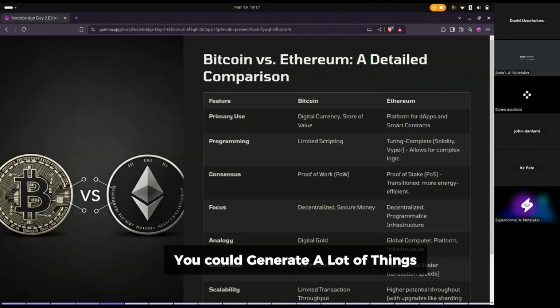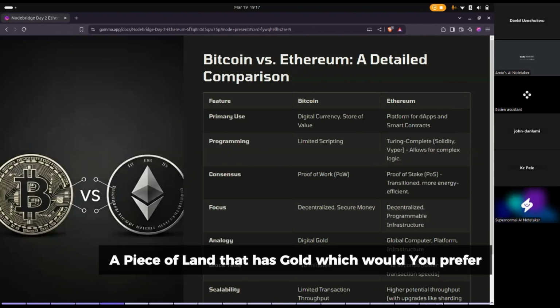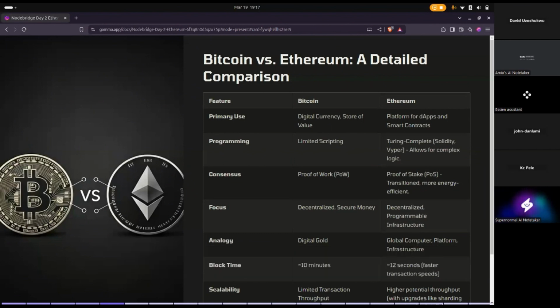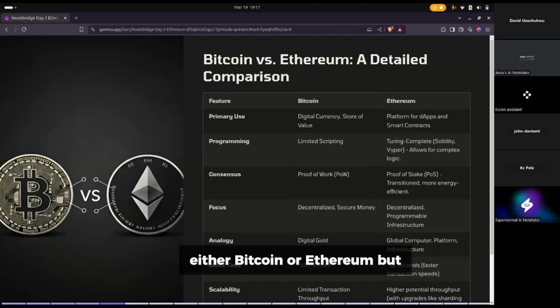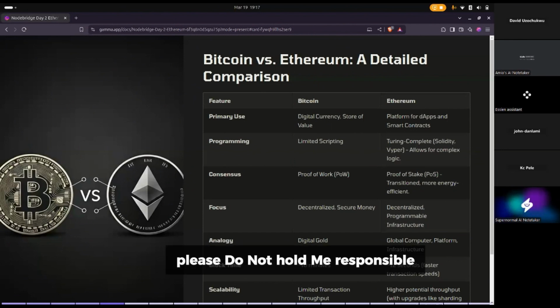You could generate a lot of things. So imagine having the factory and having a piece of land that has gold. Which would you prefer? That's for you to decide. You have to be smart to decide between Bitcoin and Ethereum, but please do not hold me responsible.